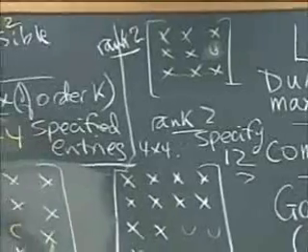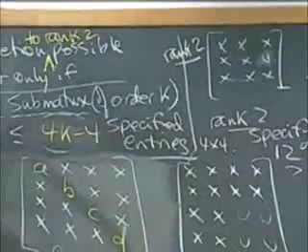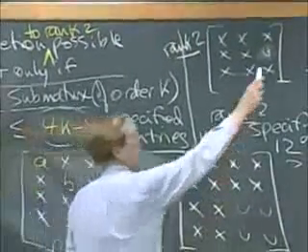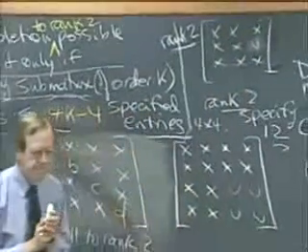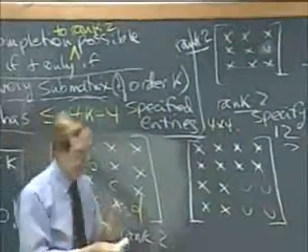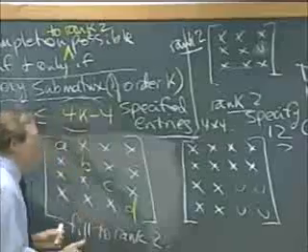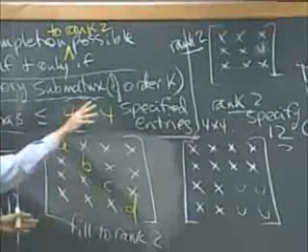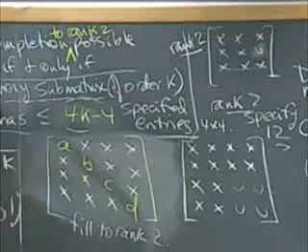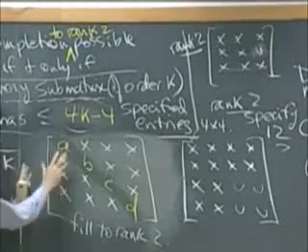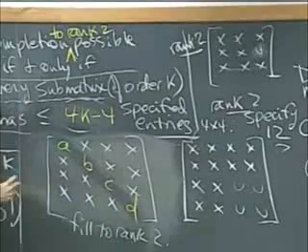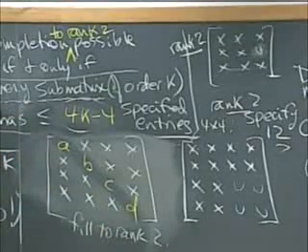To say the same thing in another language, some number there will make the determinant 0, so I'm okay. So 3 by 3, completing to rank 2, no problem. But 4 by 4, with 12 specified, completing to rank 2, big headache.